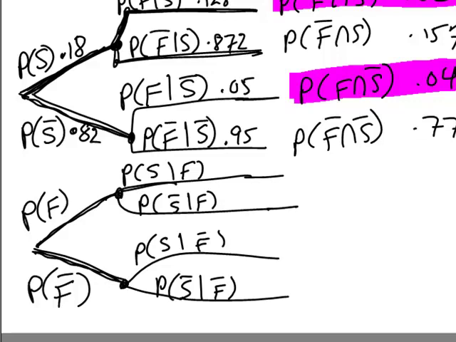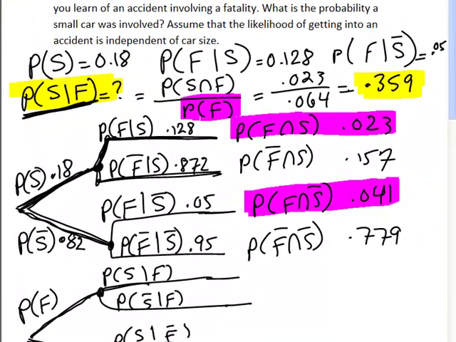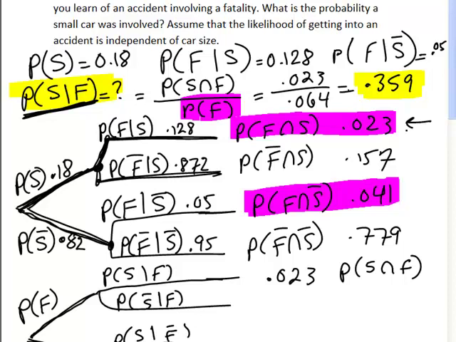Of course, we're looking for the probability of S given F, so this top branch right here will be my answer. But in order to do our computation, we need to first put the end values or the joint probabilities here. This one would be 0.023, which is the probability of S and F, and we get that from up here.